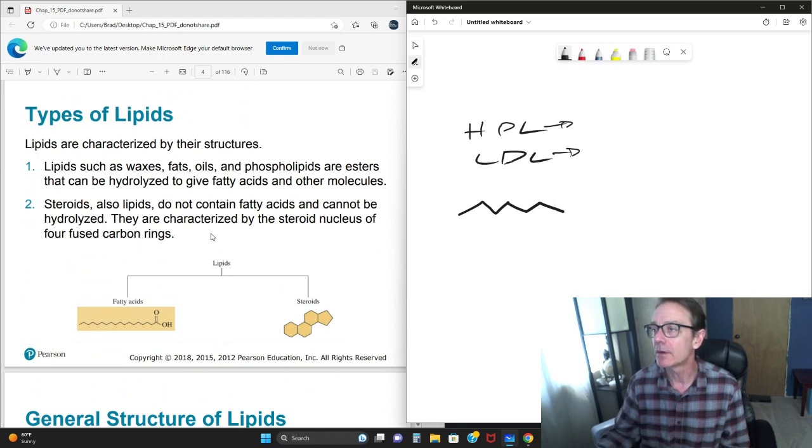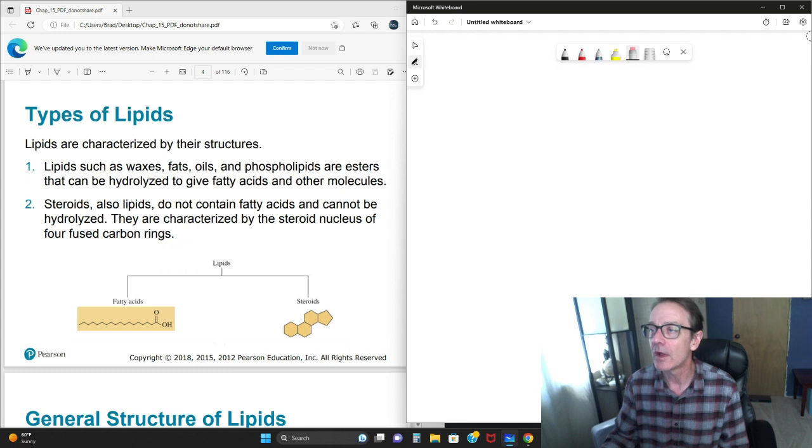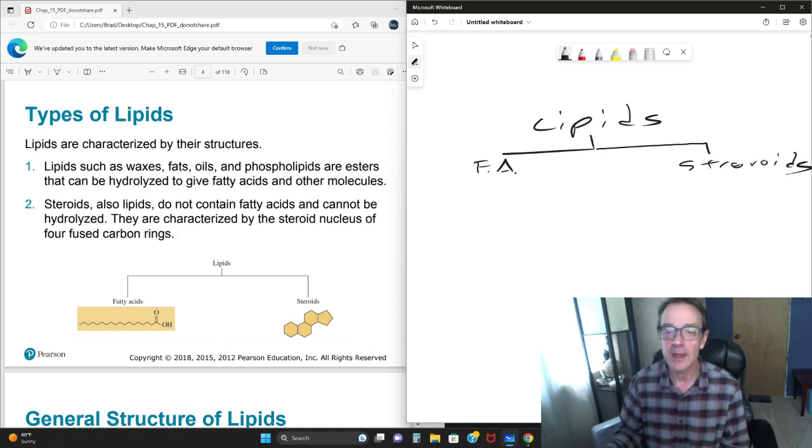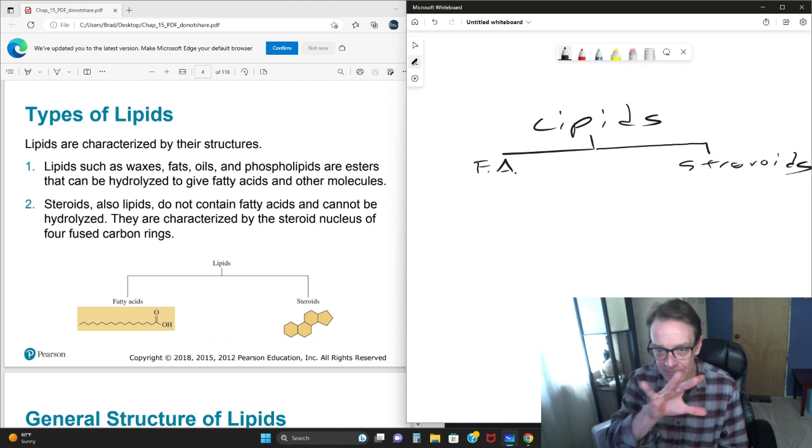Where we start is the following. We have lipids in 2 major classes, and there are subdivisions we'll get back to. We have the fatty acids over here, and steroids over here, like a family tree of lipids. Fatty acids have that structure.